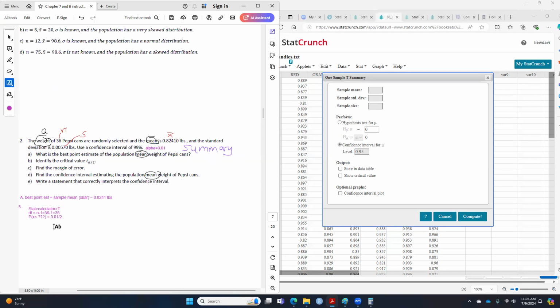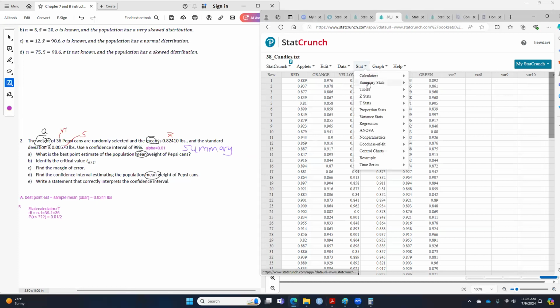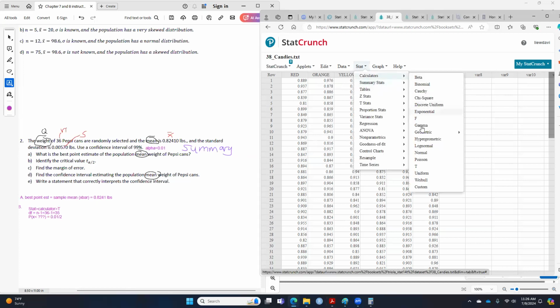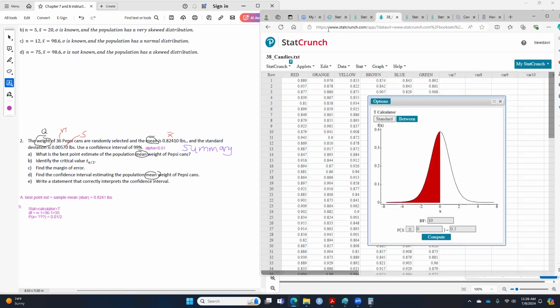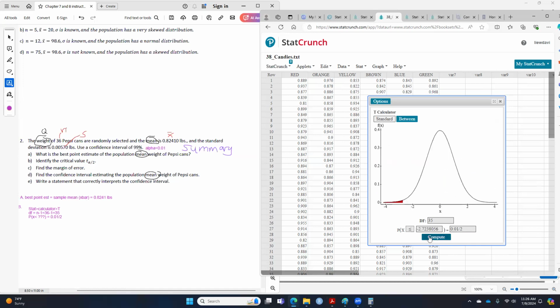So you take 0.01 over 2. How do we do this in StatCrunch? You go to Stat, Summary Stat, Calculators, and T. Then you enter the degree of freedom of 35, and then 0.01 over 2 here. This is how you do it. The first box, you make it empty.